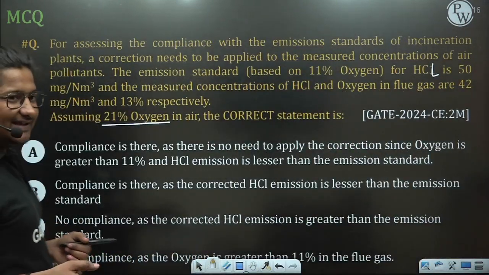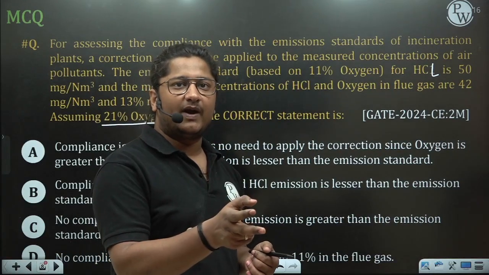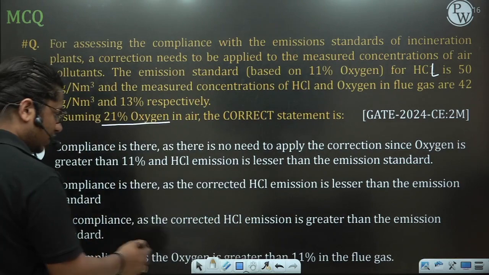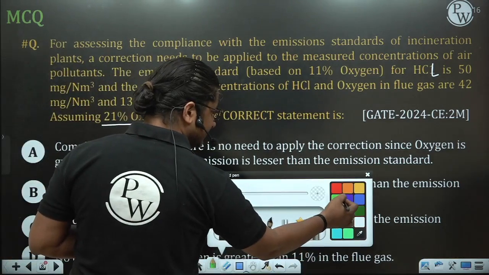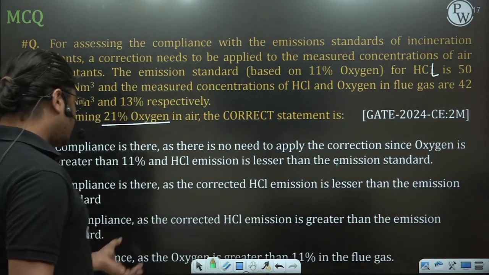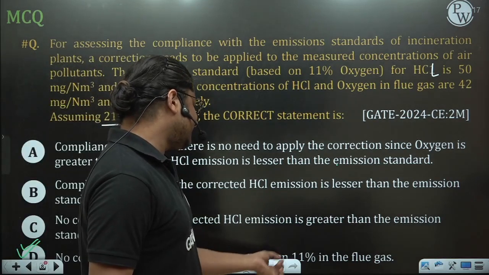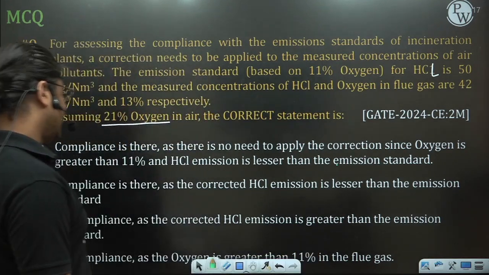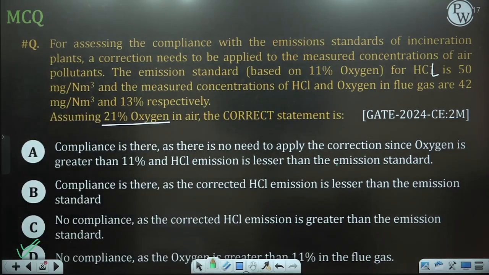So in that case, do you think any compliance will be required? No. So directly we are going with the option that is D, that is no compliance as the oxygen is greater than 11% in the flue gas. So this is the right option for all of you.